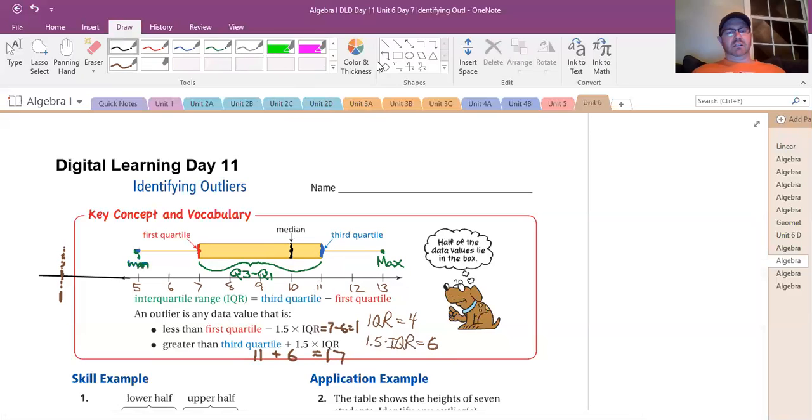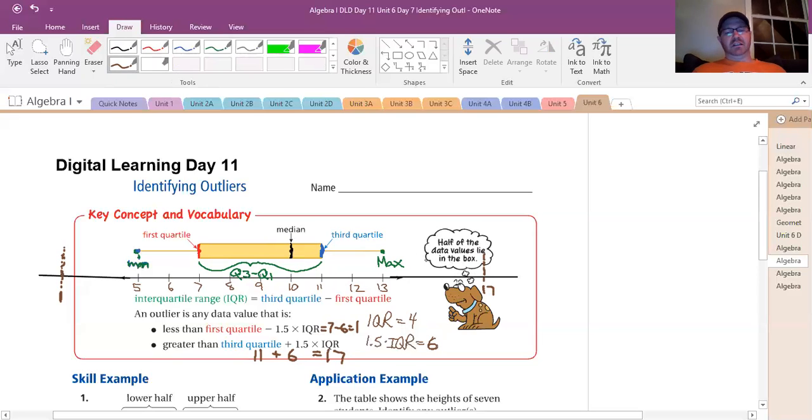Again, if I extend this number line out until I get to 17, so 14, 15, 16, it'd be somewhere over here. That value there of 17, since my maximum has not gone past 17, I know that I do not have any outliers there.